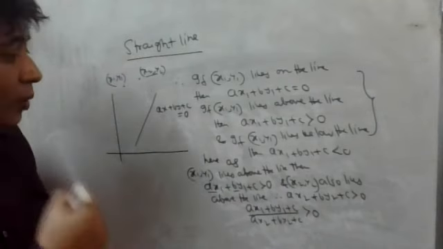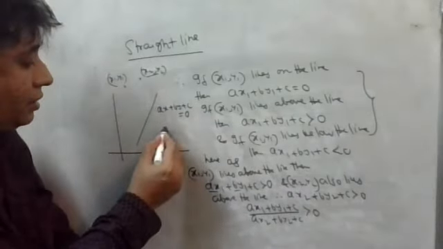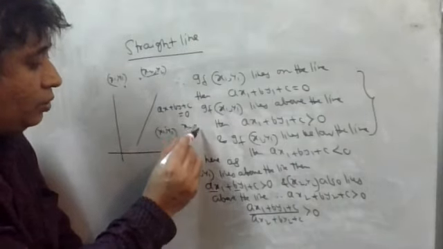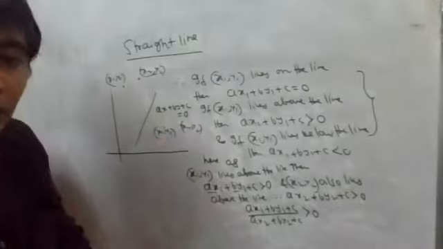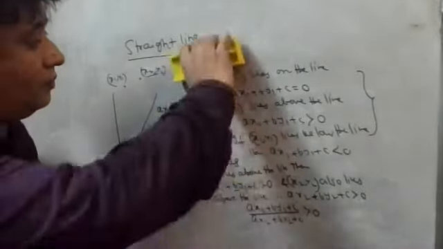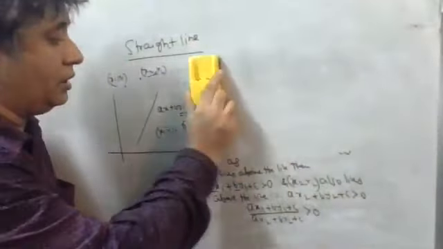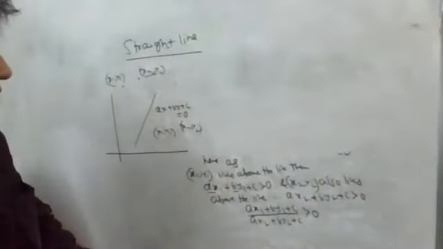What happens if these two points lie below the line? Say x1 y1 and x2 y2 lie below the line. So I'm rubbing this part. I hope you understood. This is the basic property.